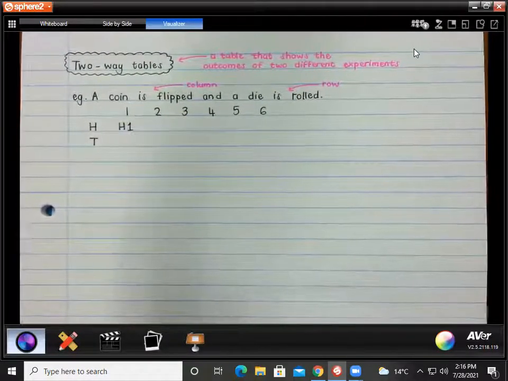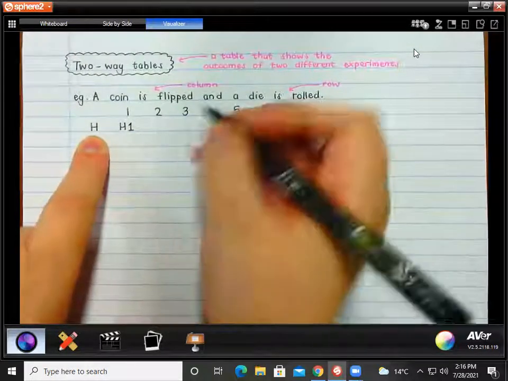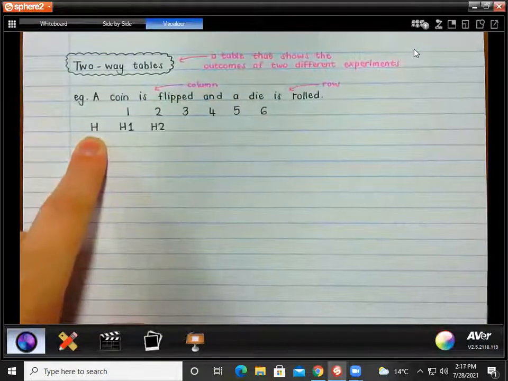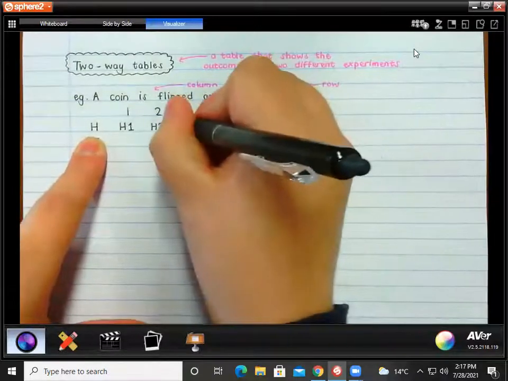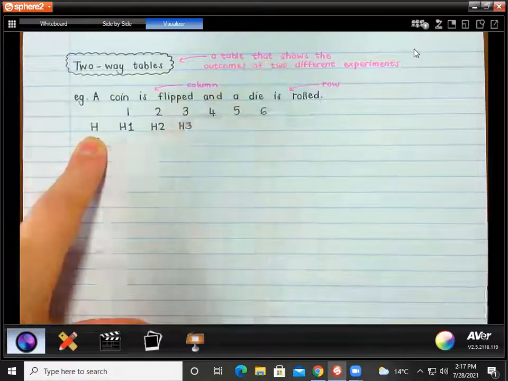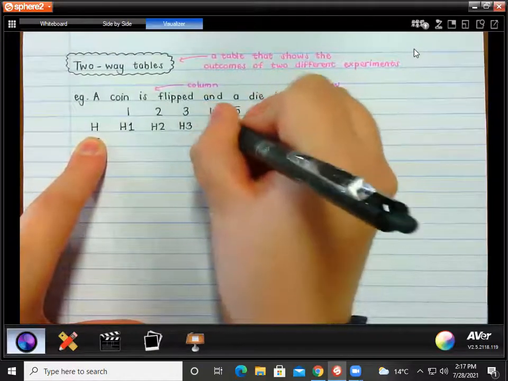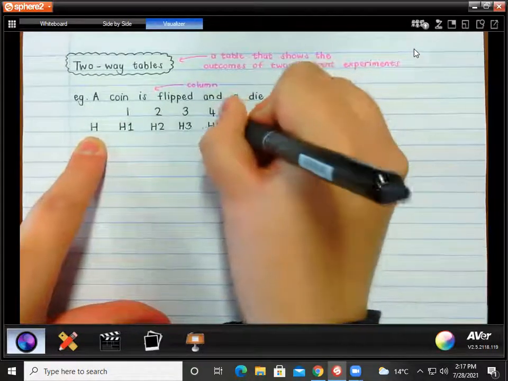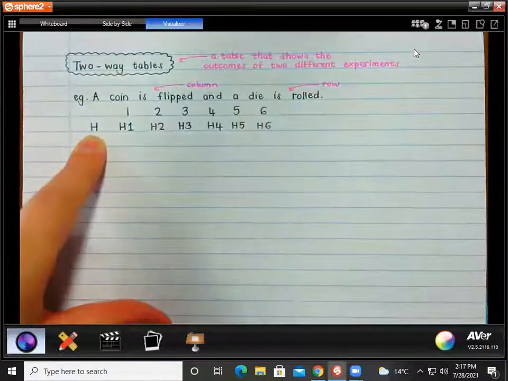Obviously, that's not the only combined outcome that you can get. Your coin can also land on heads, but then your die on 2. So that's another possible combined outcome. What about heads and 3? Then heads and 4. Heads and 5 and heads and 6.